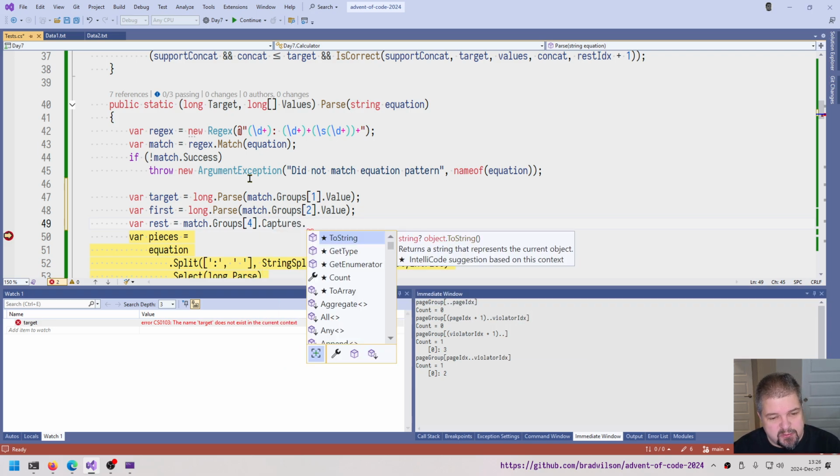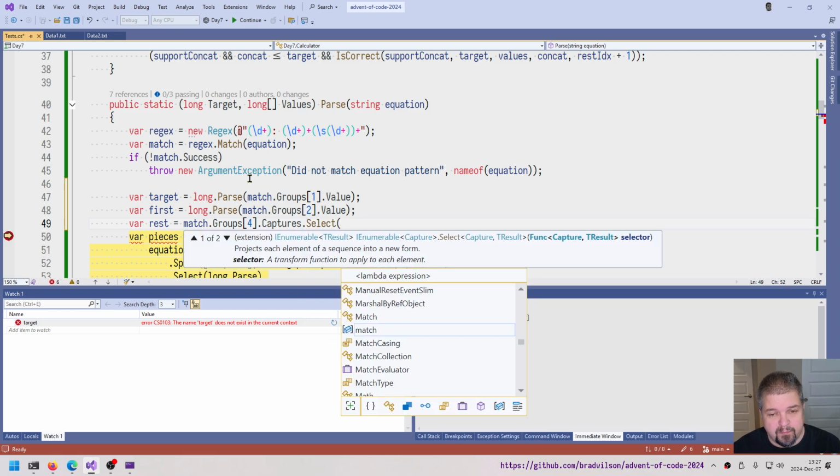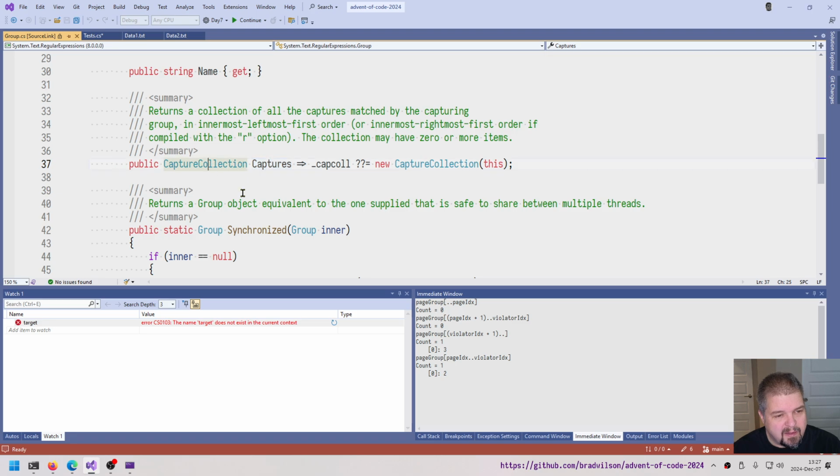Captures, right? Captures. And then we're going to select our long.Parse again, and we're going to turn this into an array. Captures is a what? Oh, right, I remember. So Captures is a CaptureCollection, right?